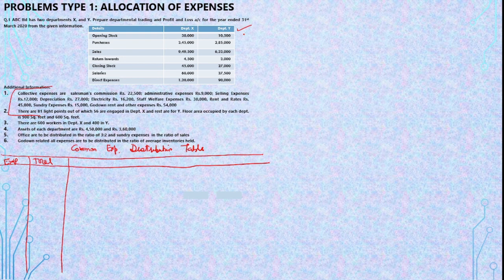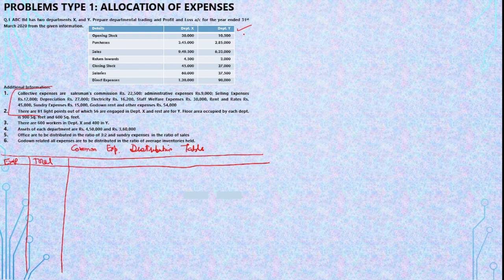Starting with number 1, that is salesman's commission, 22,500. Salesman's commission should be distributed in the ratio of, yes, consider the base. It is relating to sales only. So the ratio should be the sales ratio. Now how much is the sales amount? For X department, sale is 9,49,500, but 4,500 is the return.